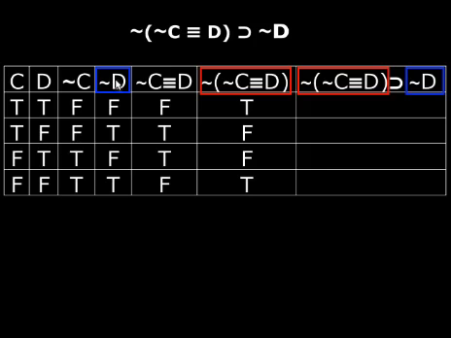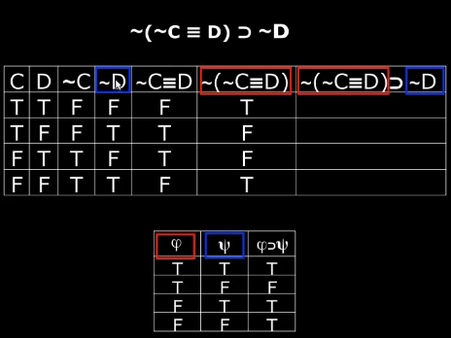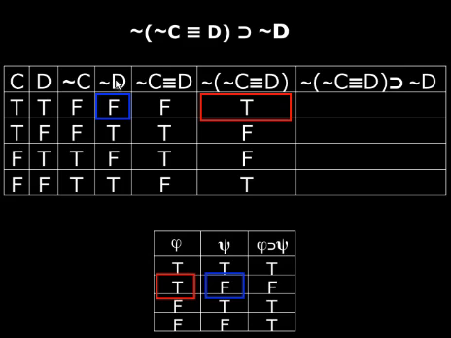Okay, so now we're just going to go down row through row. I'll remind you of the truth function of conditional, and we're going to fill this out. Okay, so let's go to row 1. Row 1, we have a true antecedent, false consequent. So let's see where that shows up on the table. Right here. True antecedent, false consequent.